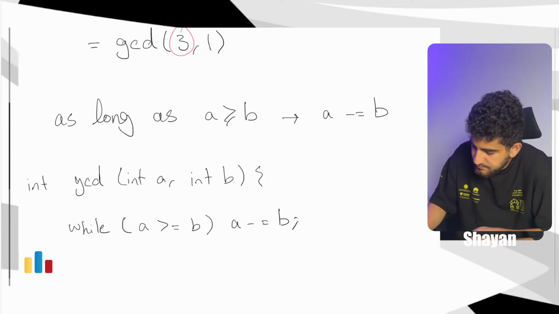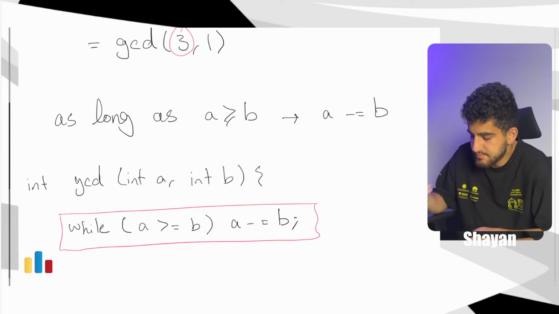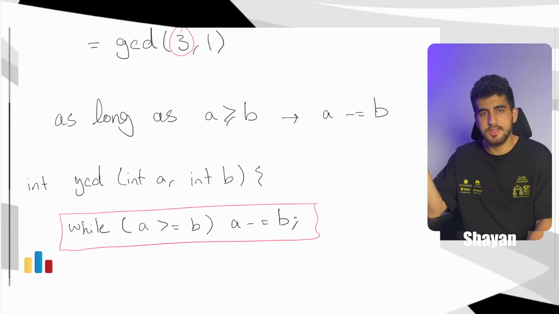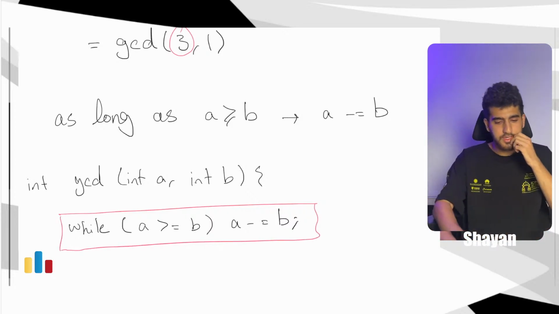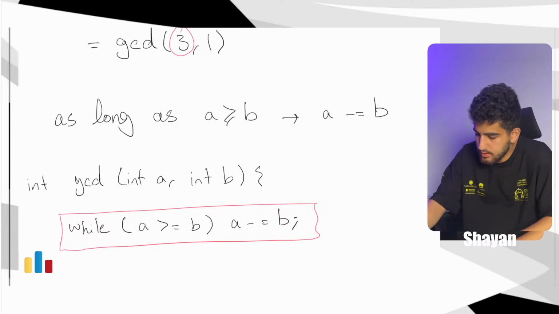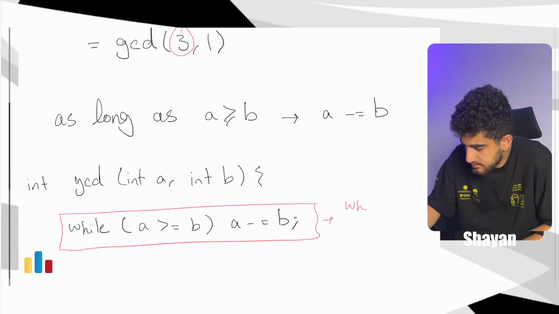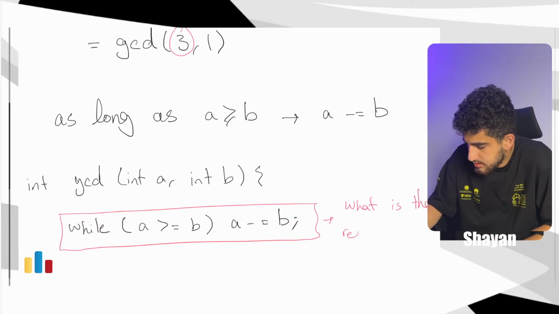What does it mean? What is the number that we get to at the end? When we say that while A is greater than or equal to B, A minus equal to B, what is the last number that I get to? What is the result here?